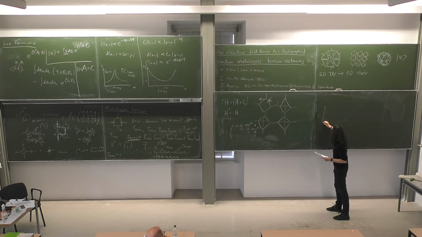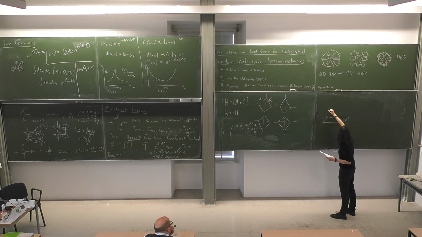If we look at this band structure, so we look at the spectrum over the Brillouin zone, at this critical point we see a Dirac cone.